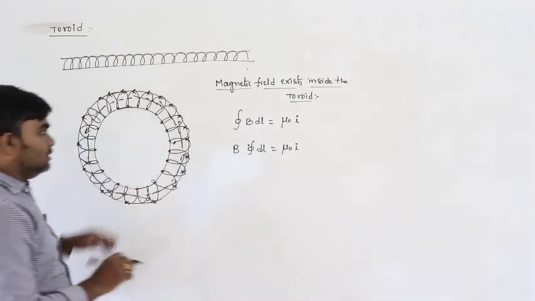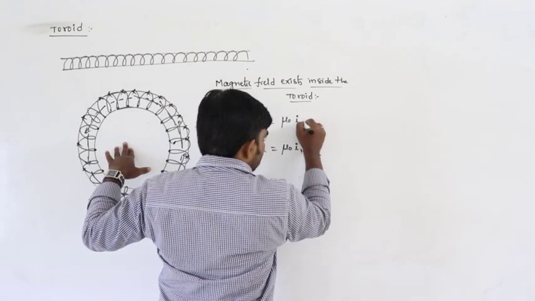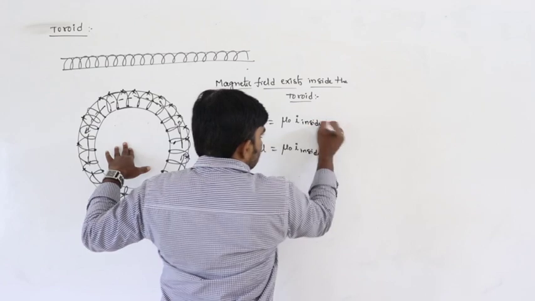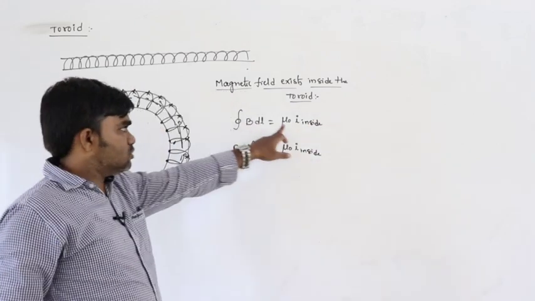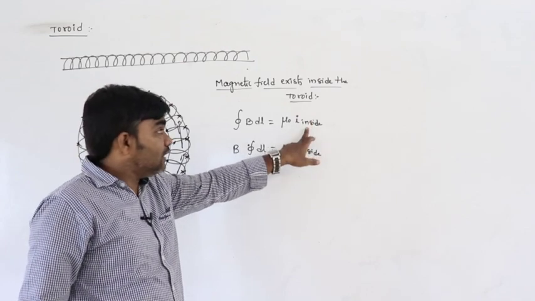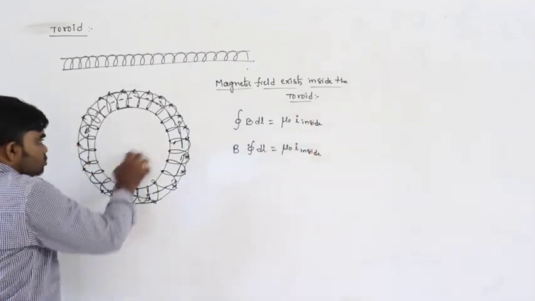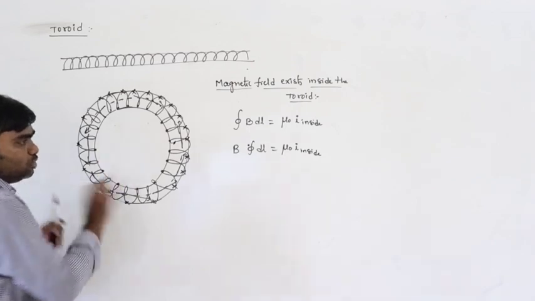According to Ampere circuital law, the integral of B dot dl equals mu naught I net. What is I net? The current enclosed in the closed surface. So in this closed surface, what is the current? It is 0.